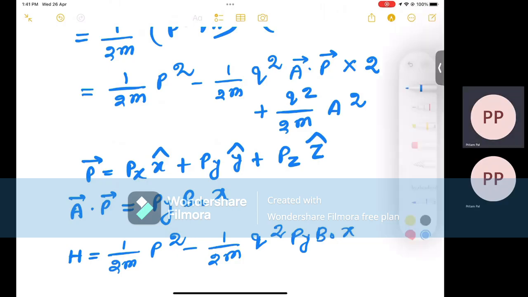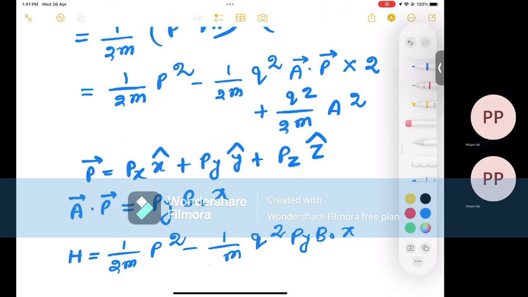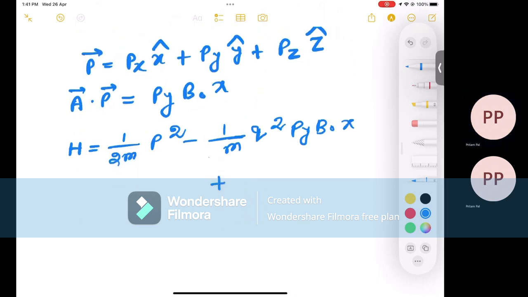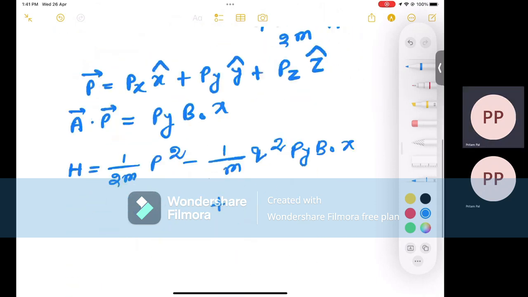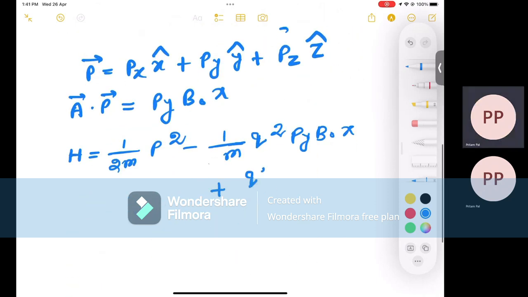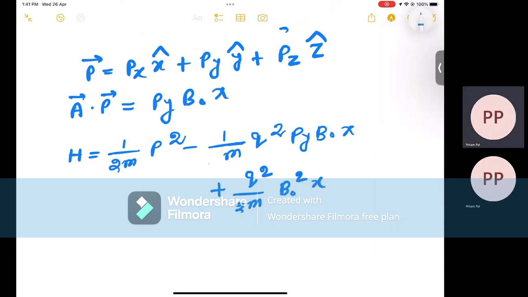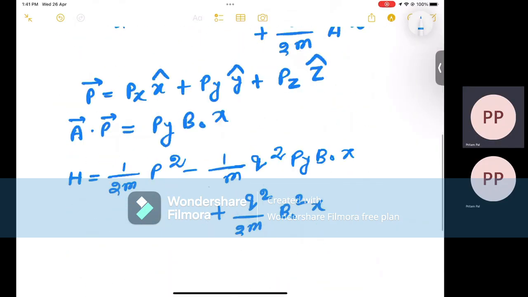These two will not be there because they will cancel each other. Got it? And then your A squared, which is q squared by 2M B naught squared x squared. So that's how you get the modified Hamiltonian. Okay.